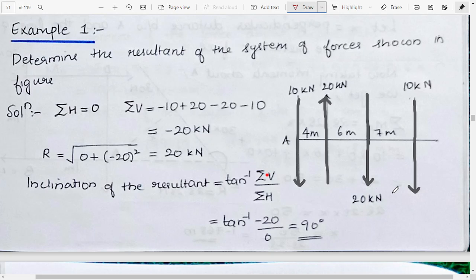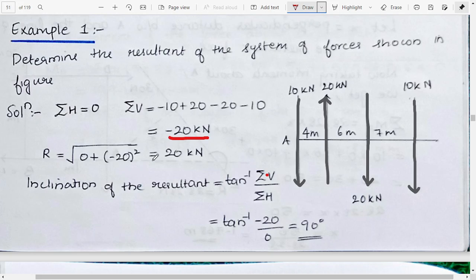First of all, we'll find the resultant. Summation of H will be equal to 0 because there are no forces on the horizontal axis. So we'll just calculate the vertical forces, which are minus 10 plus 20 minus 20 minus 10. For that, we get an answer of minus 20 kilonewton.